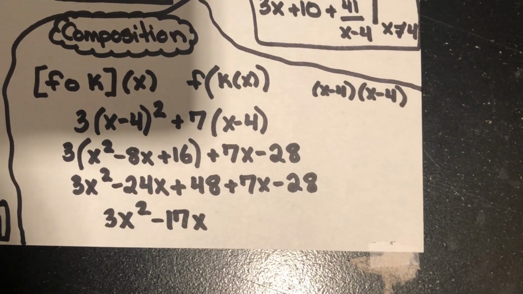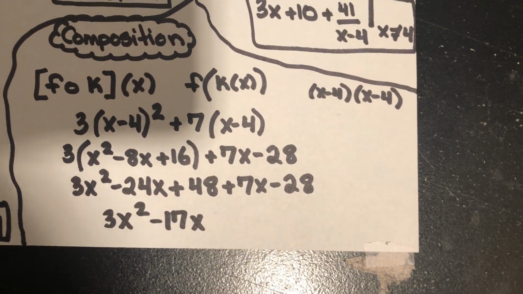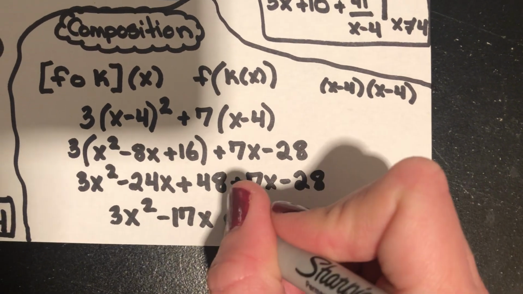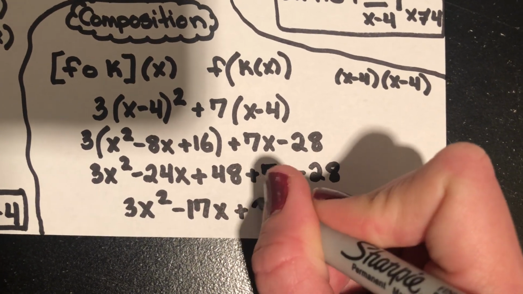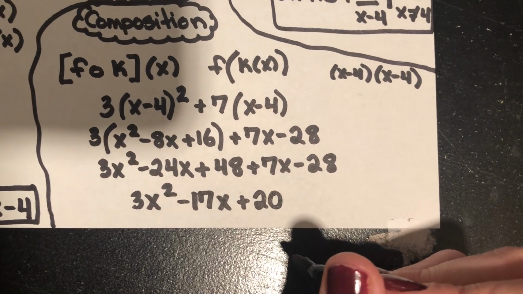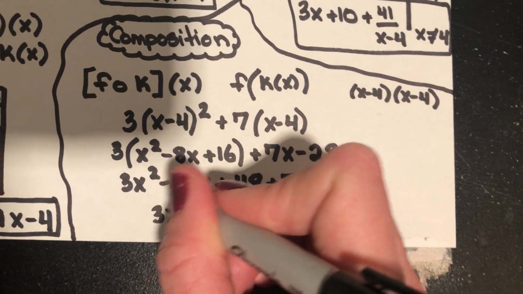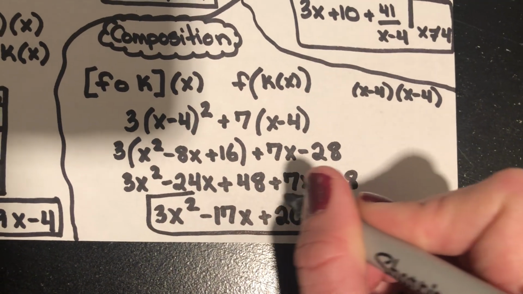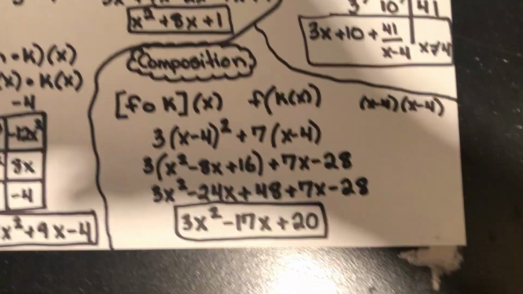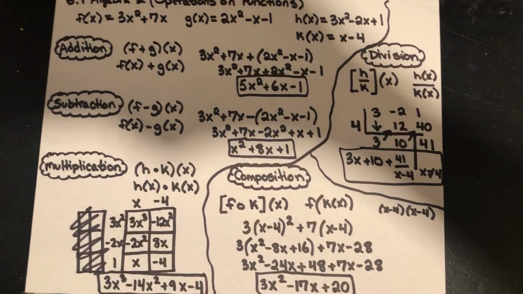And we have a 48 and negative 28, which is a 20. And that is f of k of x. All right. 6.1.